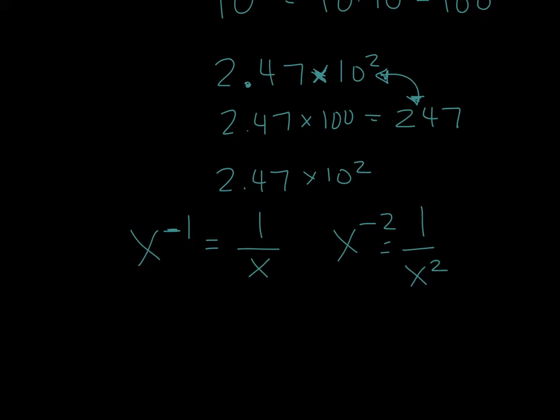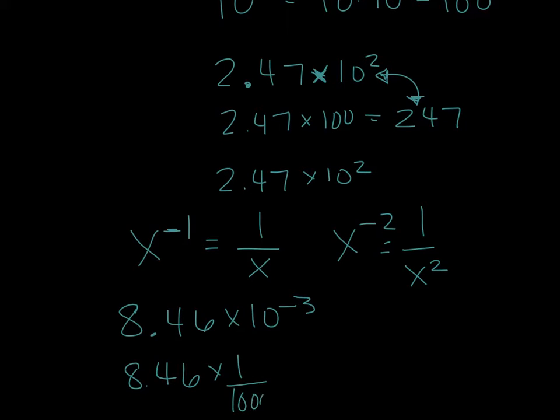So if I have 8.46 times 10 to the negative third, then that means that I'm dividing by 10 to the third. So this negative exponent drops it down in the denominator. So this is equivalent to saying 8.46 times 1 divided by 10 to the third, which is 1,000.